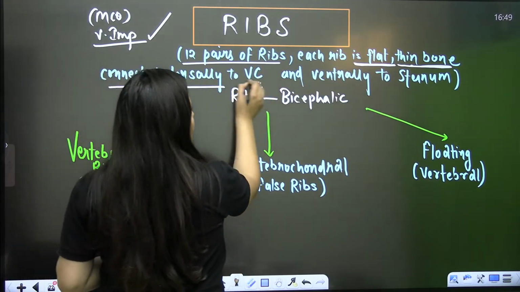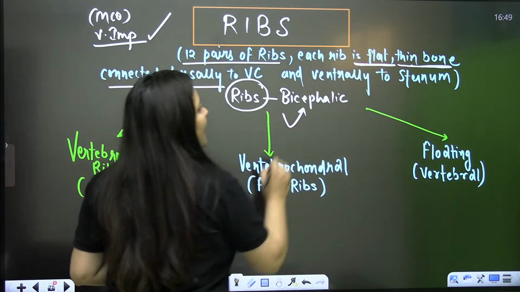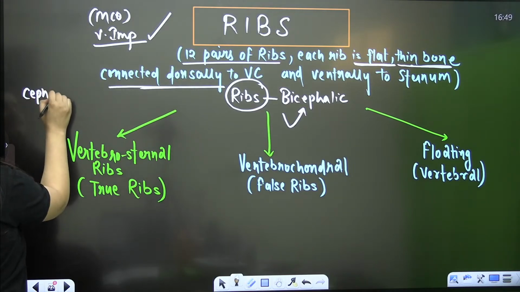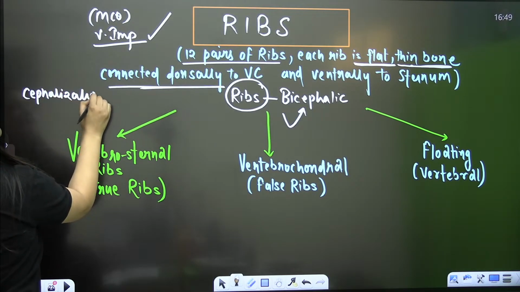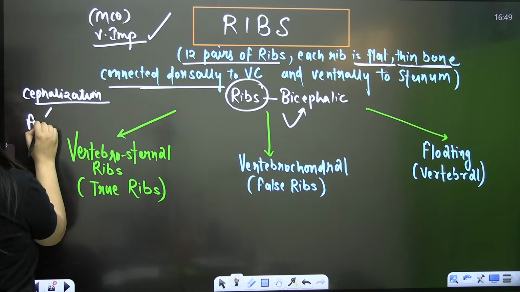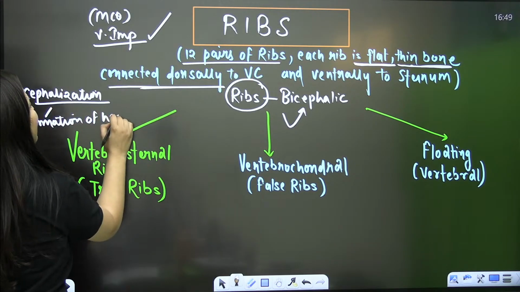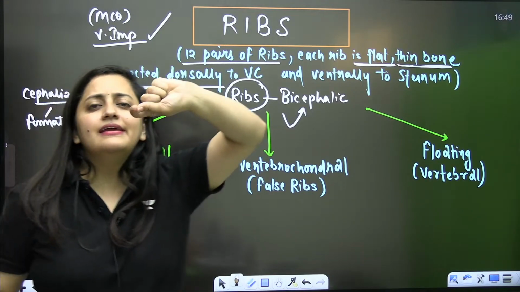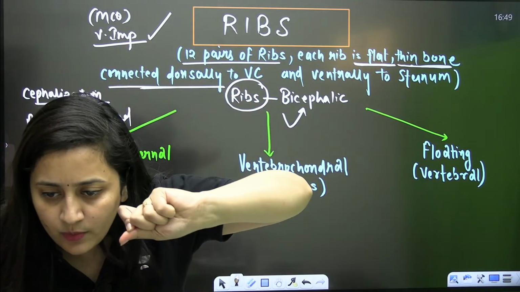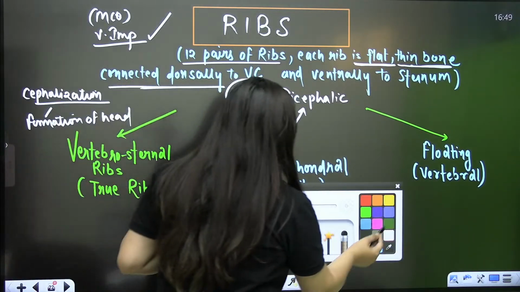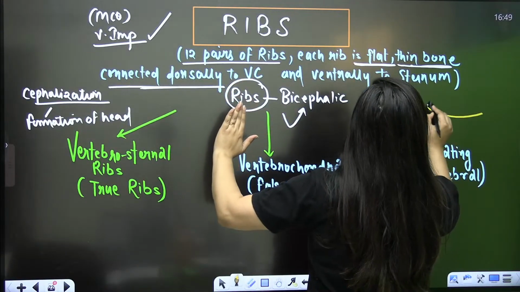Now, there is one word: ribs are bicephalic. The word cephal or cephalization means the formation of head. It is somehow related with the head. Now, as I said, ribs are also flat.